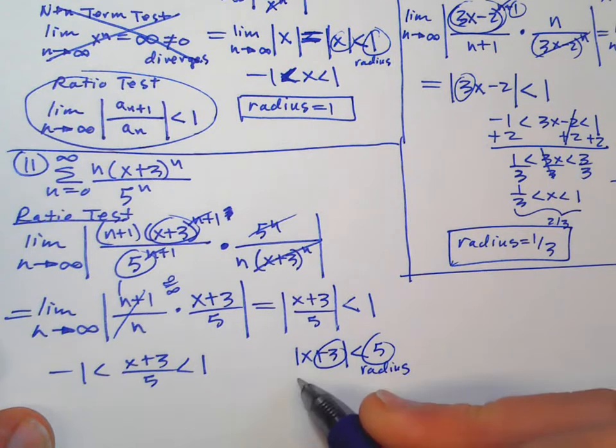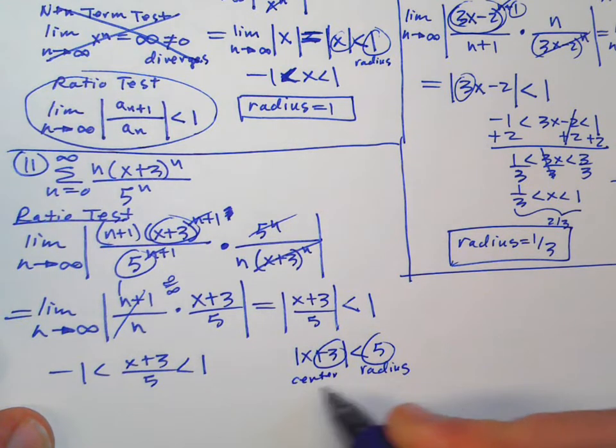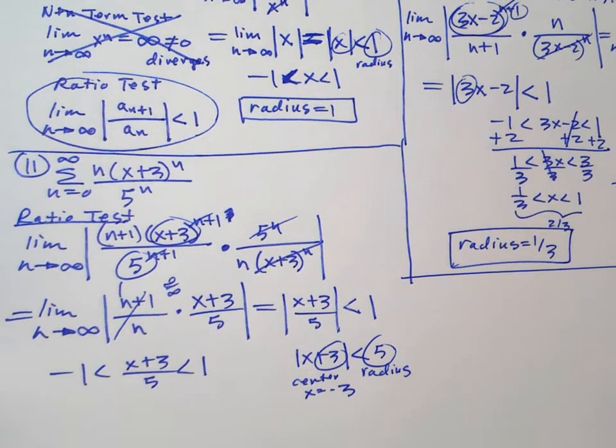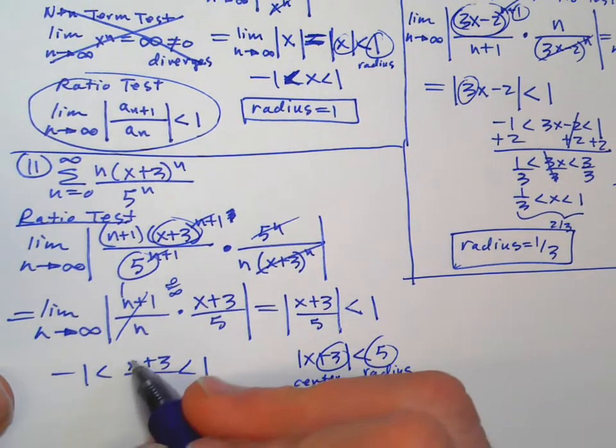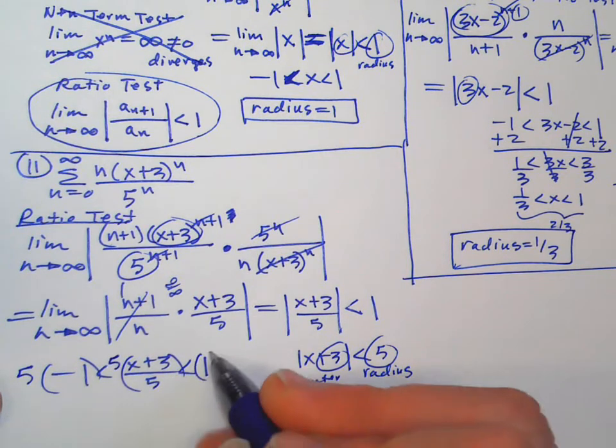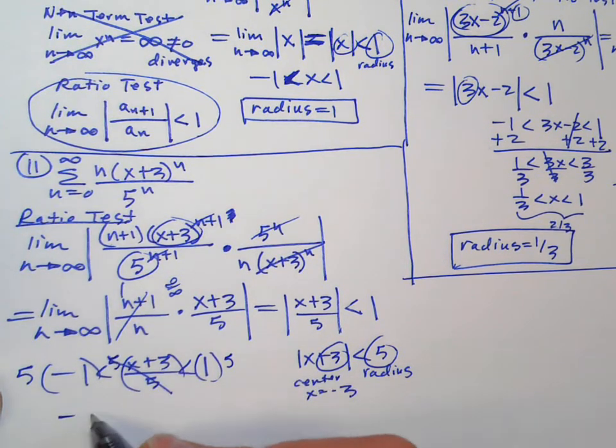And there's your center. Your center is at x equals -3. And then we could just stop if that's all they were asking us for, which is all they were asking us for. Otherwise, you could do more work to get the interval of convergence.